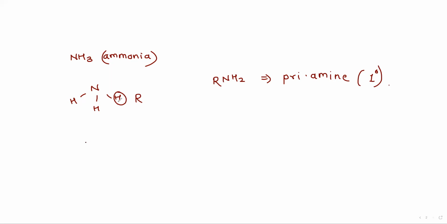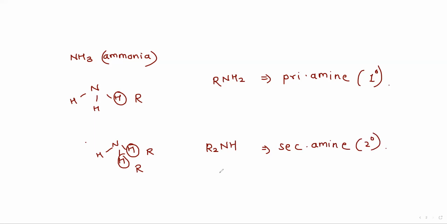What about the second? Again, I am drawing NH3. Now I am going to replace 2 hydrogen atoms with 2 R groups, that is 2 alkyl groups. Now the formula will be R2NH. It is called secondary amine, or I will depict it as 2 degree amine.